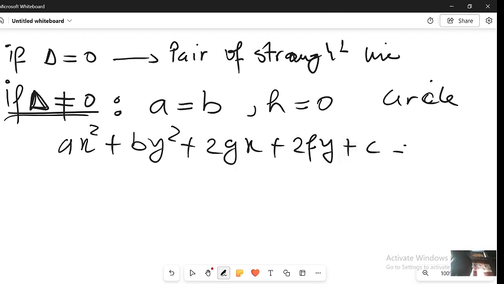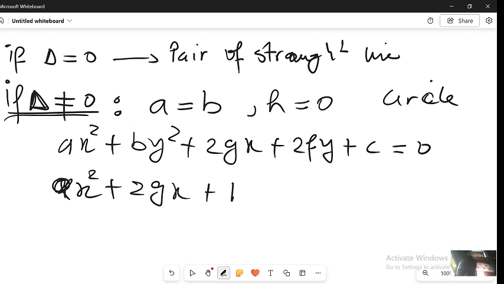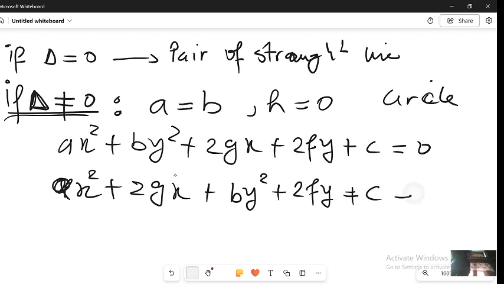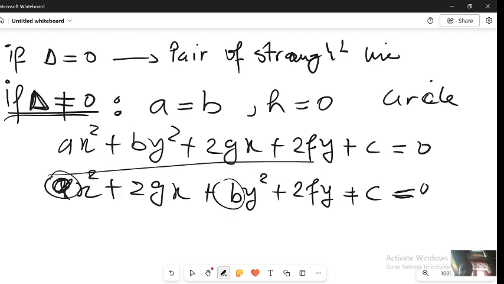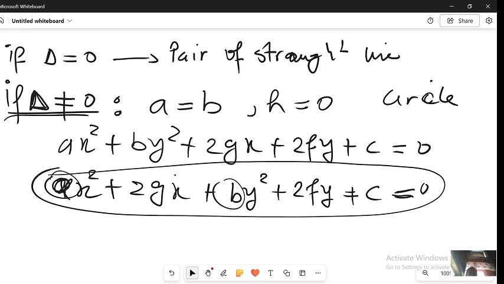So from here we'll have ax squared plus 2gx plus by squared plus 2fy plus c equals 0. Since a and b are the same, it's going to be a circle.